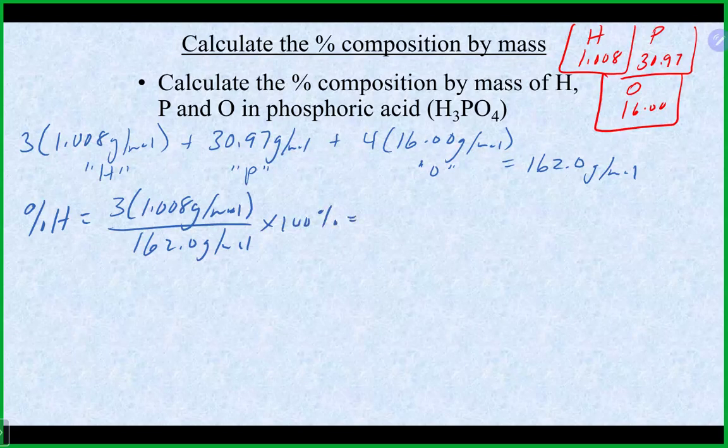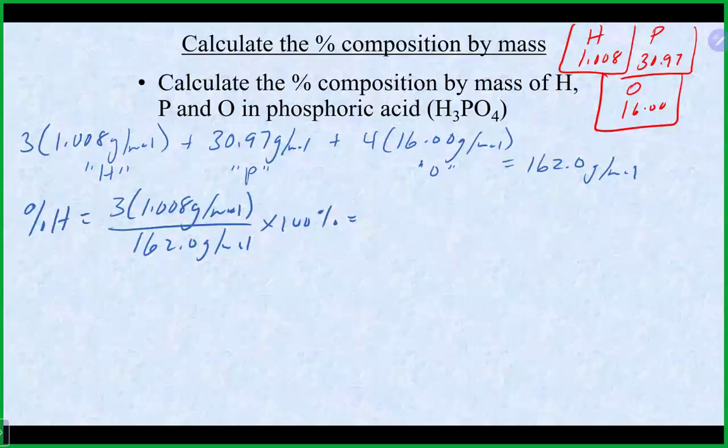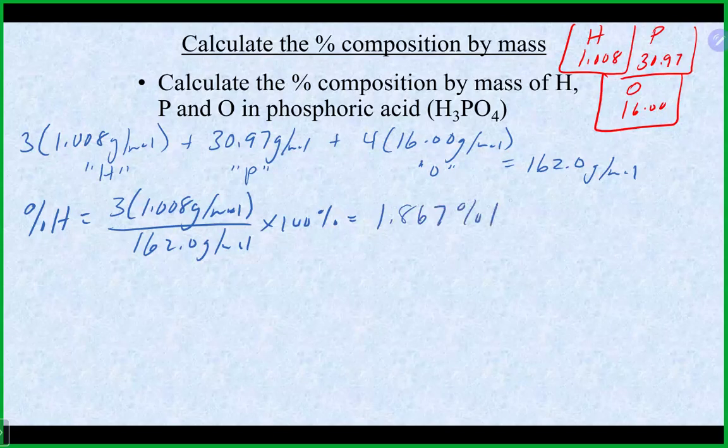Let me try that again: 3 times 1.008 divided by 162 times 100. I guess it's about 1.867% hydrogen.